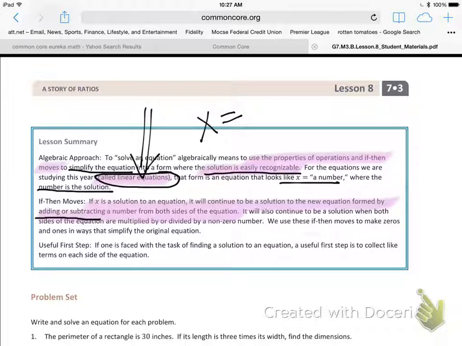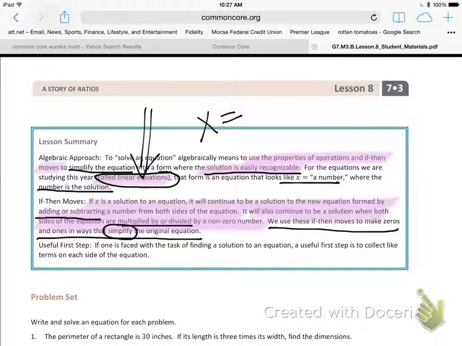And then when it comes to multiplication and division, it will also be a solution when both sides of the equation are multiplied or divided by a non-zero number. And in this case, we are trying to make ones, okay? Trying to make ones when we are multiplying or dividing, okay? Again, we use these if-then moves to make zeros and ones in ways that simplify the original equation. So it's all about simplifying.